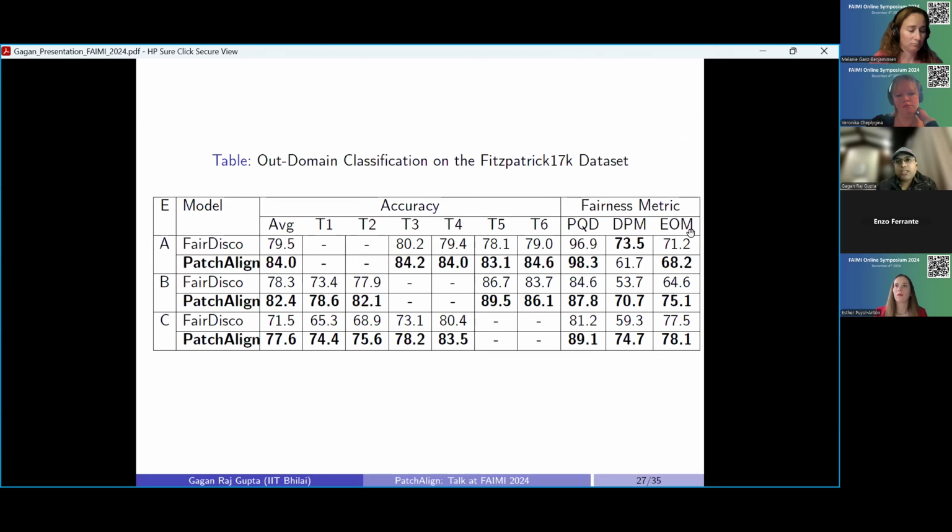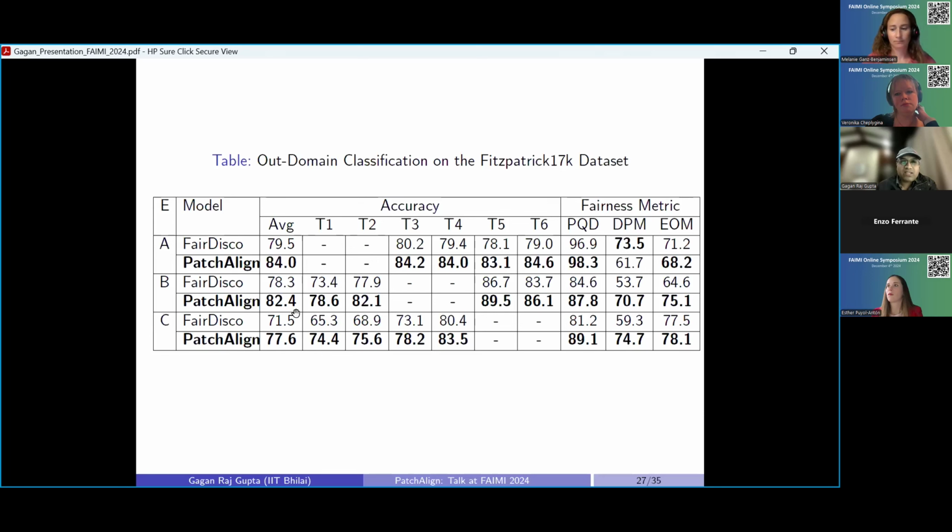And in the PQD and EOM metrics, not on the EOM, but on the PQD metric here, there is improvement. And for the remaining experiments B and C, there is improvement on all three metrics. So fairness is a bit tricky thing. We cannot always get high fairness in all experiments, and there's also high variance that we noticed.